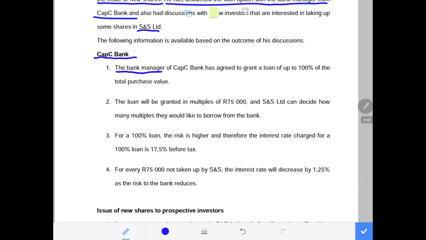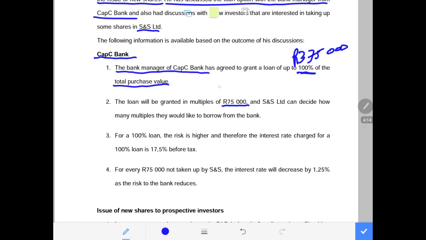The bank manager of Cape Bank has agreed to grant a loan up to 100%, meaning the full amount of 375,000 is available to be borrowed from the bank in order for us to purchase the equipment that is costing 375,000 rands. The loan will be granted in multiples of 75,000 rands, and S&S Ltd can decide how many multiples they would like to borrow from the bank.